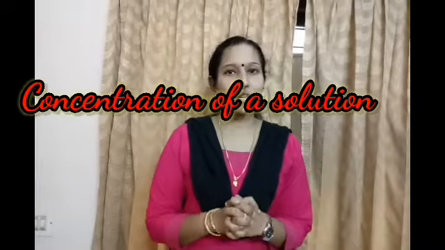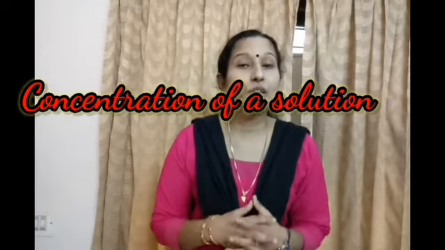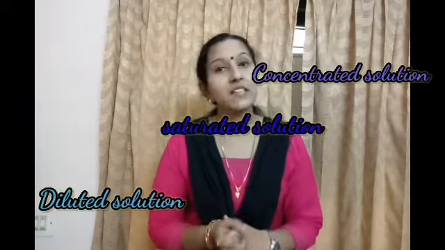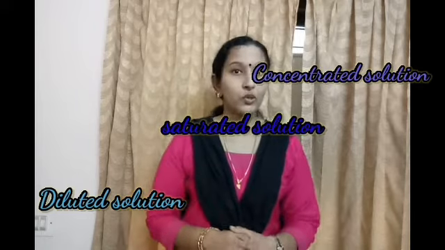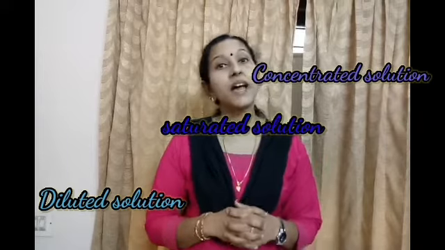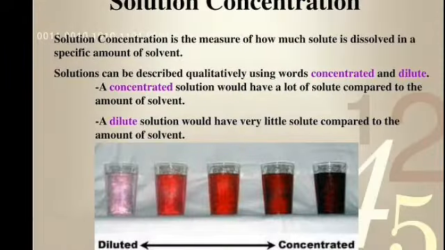Concentration of a solution. Based on the amount of solute present in a solution, we can classify them into diluted, concentrated and saturated solutions. Diluted solutions contain less amount of solute and the balance is water.